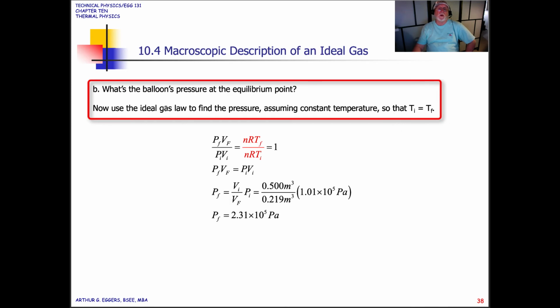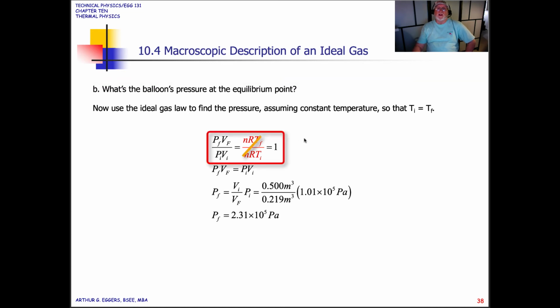We're going to use the ideal gas law, PV = nRT. Since the temperature is constant, all of those terms cancel out and we get P final V final over P initial V initial set equal to 1.